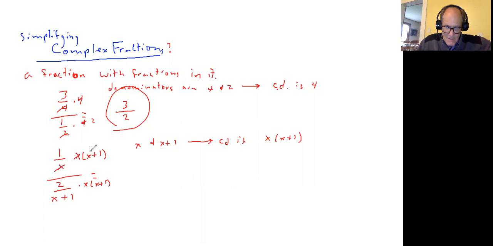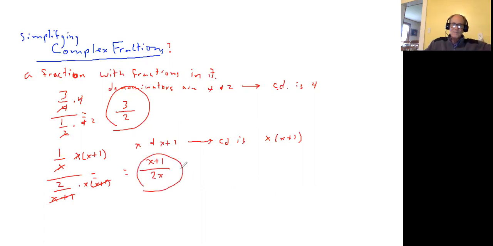Here the x cancels, and I end up with x plus 1. And here the x plus 1 cancels, and I end up with 2x, which is what we've got before. That's just a slightly simpler way of doing it. Let's work some more problems, and I'll show you how this is even more useful.